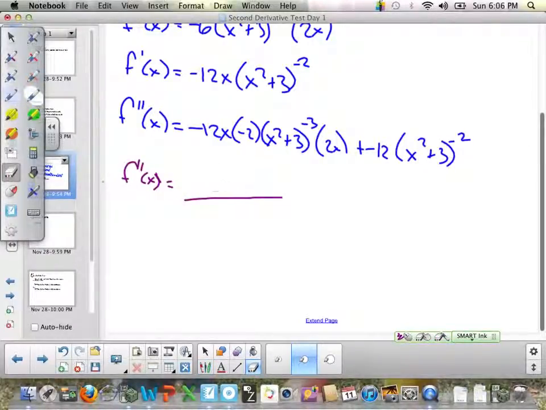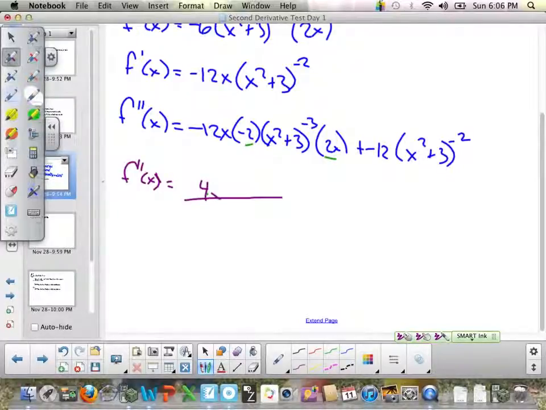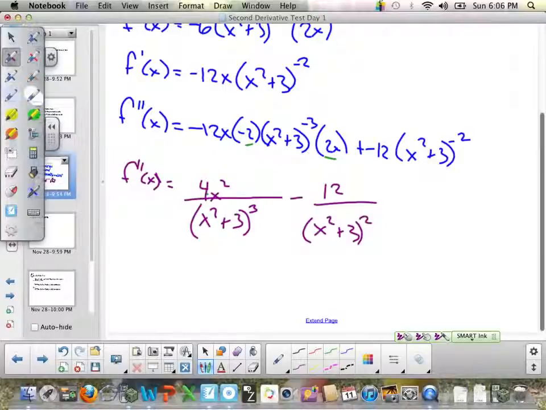It'll be positive 48. 2 times 2 is 4. 4 times 12 is 48, and we got the double negative. So it'll be 48x squared, and then x squared plus 3 cubed in the denominator. The second set will be minus 12 over x squared plus 3 squared.